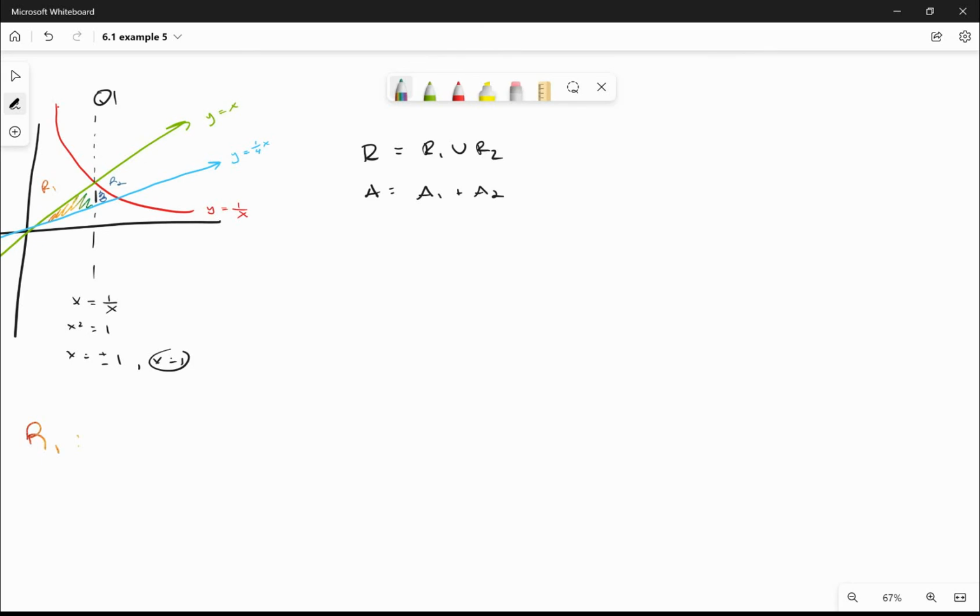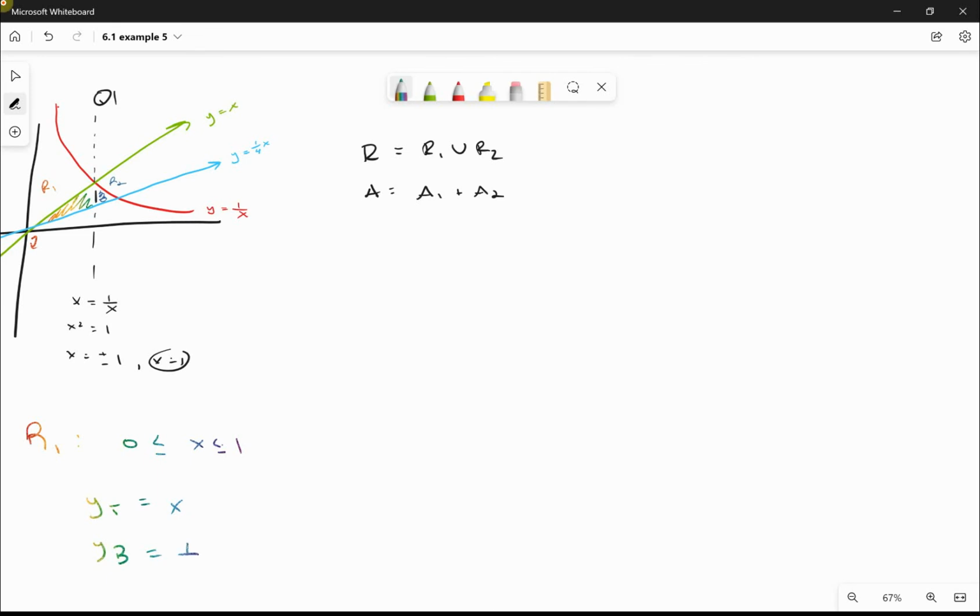R1 is this portion of the region from x equals 0 to x equals 1. What's our top and bottom function here? Well, yt, the green one, is just x, and yb, the blue one, is 1/4 x.